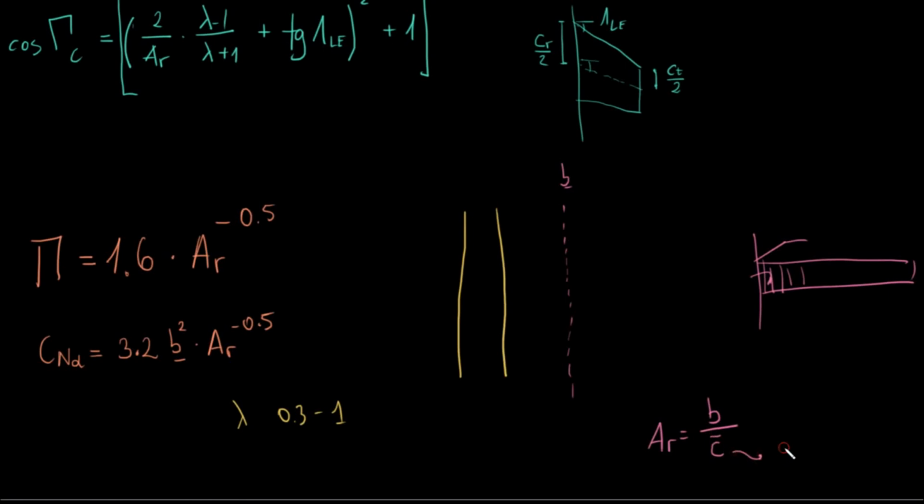So this would be the tip plus the root, over 2. Imagine we could do it the following way. Imagine we decide we want to have 45 degrees sweep to minimize drag, and we won't go higher than this.